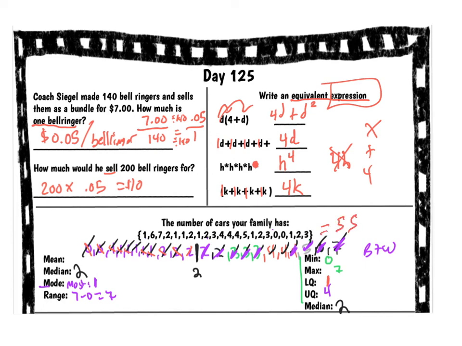And then we'll see how many data values there are. There's 1, 2, 3, 4, 5, 6, 7, 8, 9, 10, 11, 12, 13, 14, 15, 16, 17, 18, 19, 20, 21, 22 numbers in the data set. So you do 55 divided by 22, and you get 2.5. So your mean or your average number of cars per family was 2.5.